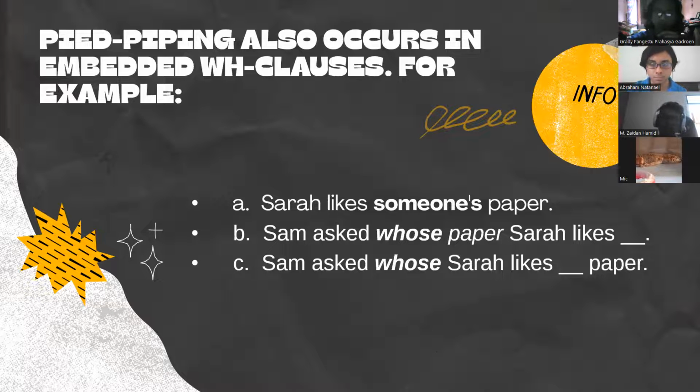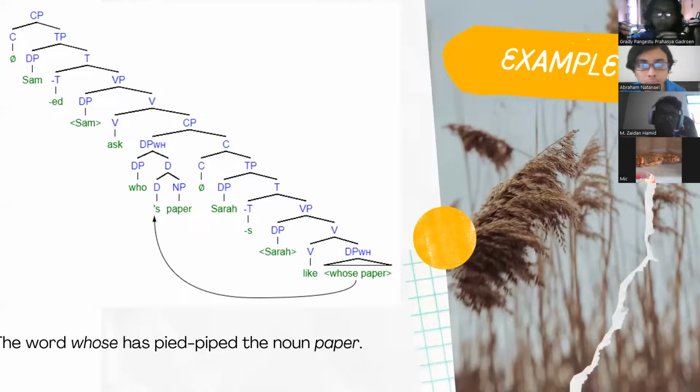All right, next slide, please. All right, and here is the syntactic tree diagram of the first sentence. In this sentence, the word whose paper was moved into the first position, and the word whose has piped the noun paper.